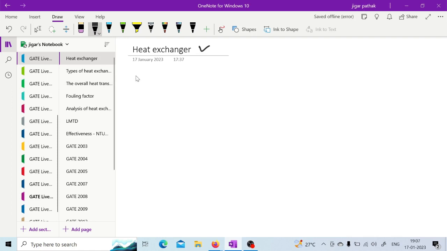So heat exchanger is a device. It is going to facilitate the heat exchange between two fluids which are at different temperatures.